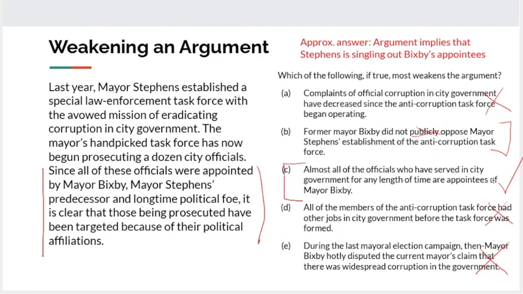Okay, so again, this is the correct answer because it weakens an assumption that the argument depends on. So if you can knock down or weaken an assumption that the argument depends on, you weaken the argument itself.